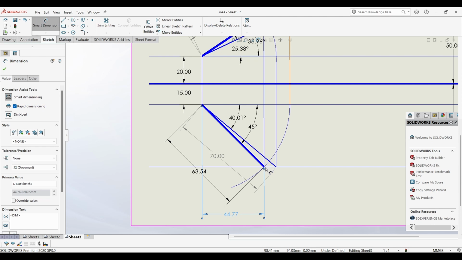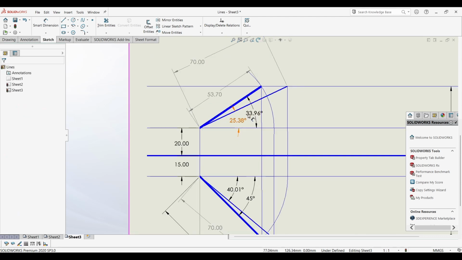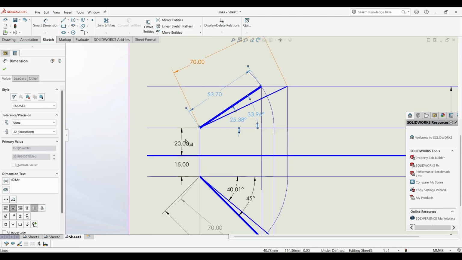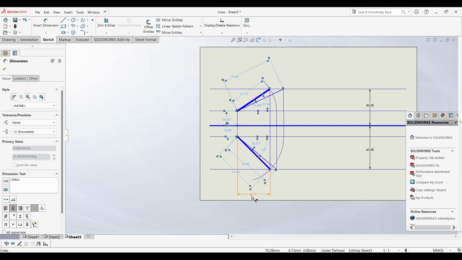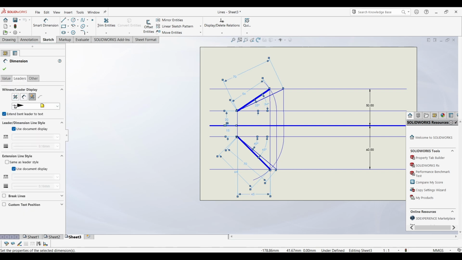Hopefully it is right. 53 degrees, 25, 34, 14, 46. Next, I would select all the dimensions and just format them.